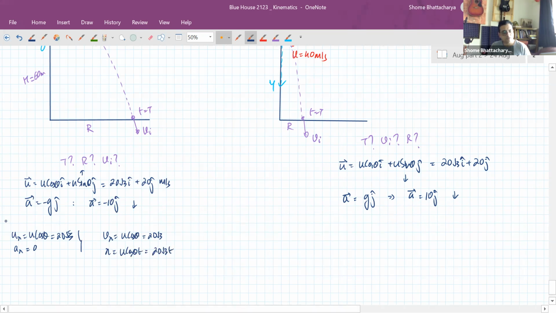Whereas the y component is u sine theta, so 20, and the y component of acceleration is minus g or minus 10.